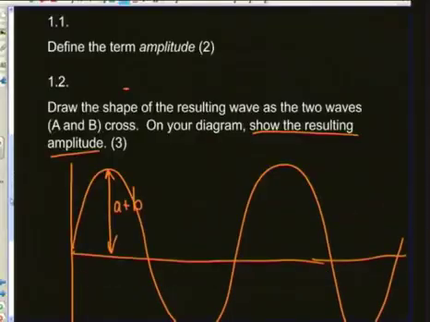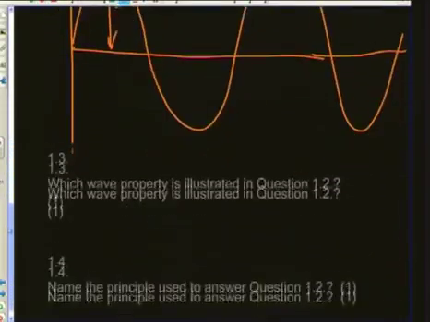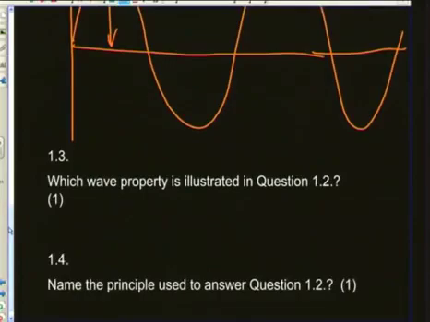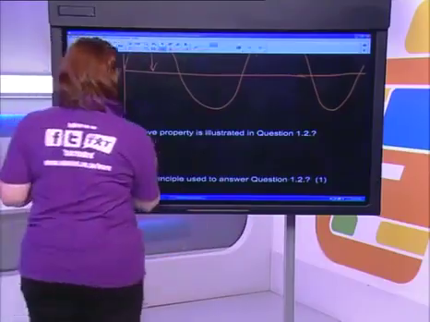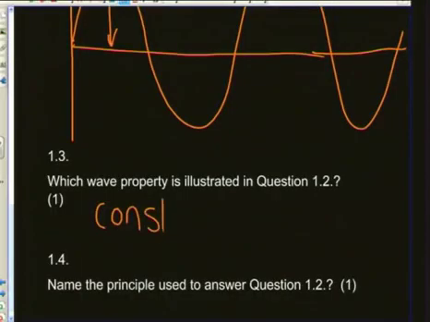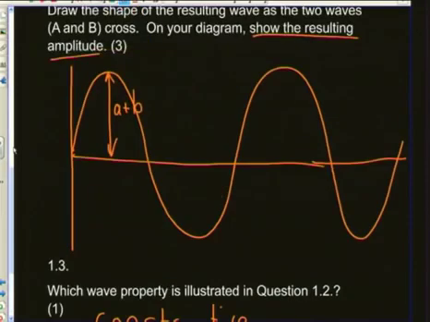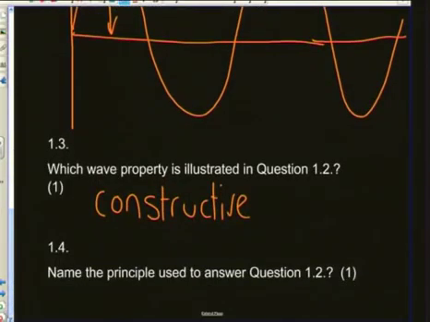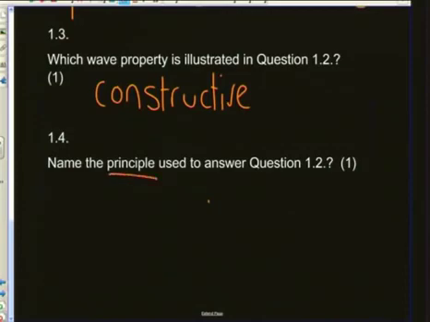Question 3, which wave property is illustrated in question 1.2? I've just said it. Constructive interference, because it made it get bigger. Constructive interference. Now they ask you to name the principle.